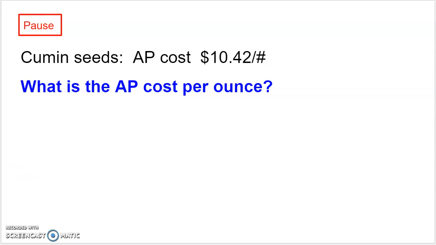So pause the video and try this one yourself. So we have cumin seeds that have an AP cost of $10.42 a pound, and we want to know the AP cost per ounce.